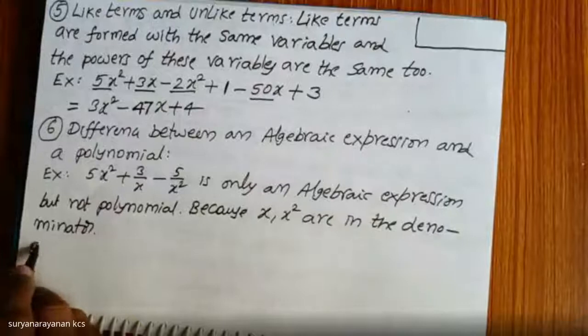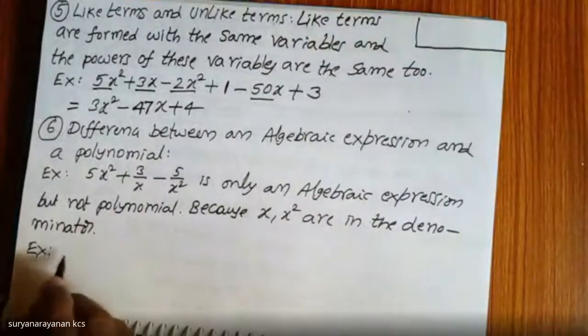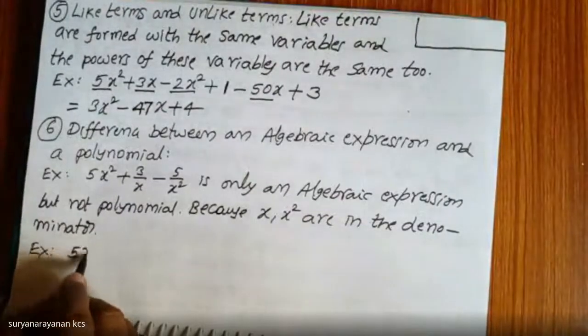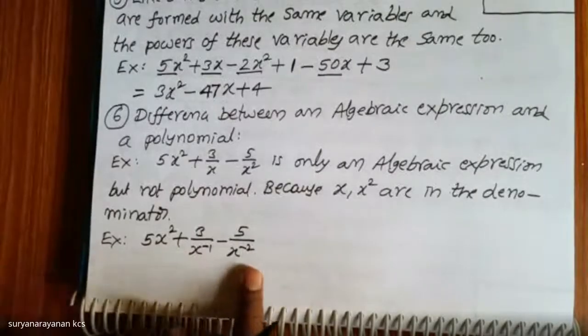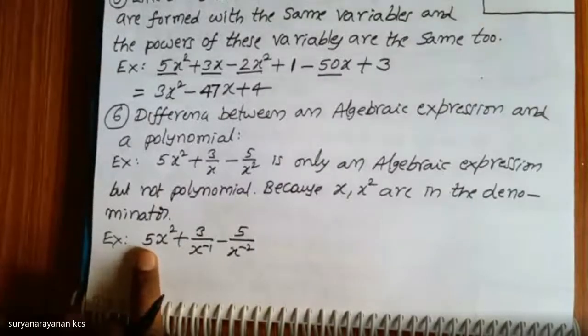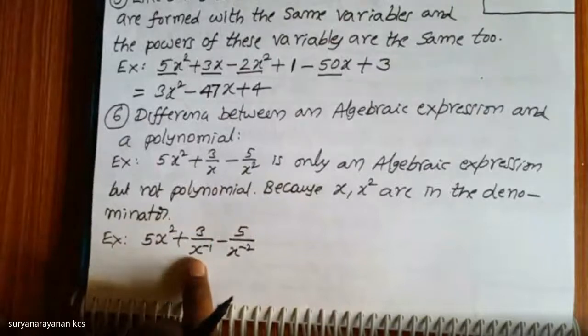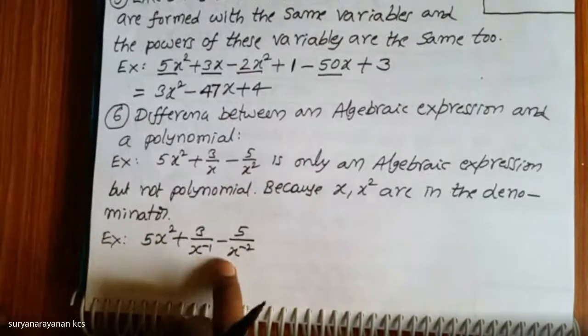And another example. Sir, can you move the screen a little to the right side, sir? Yes, sir. See this mathematical sentence: 5x square plus 3 by x power minus 1 plus 5 by x power minus 2.